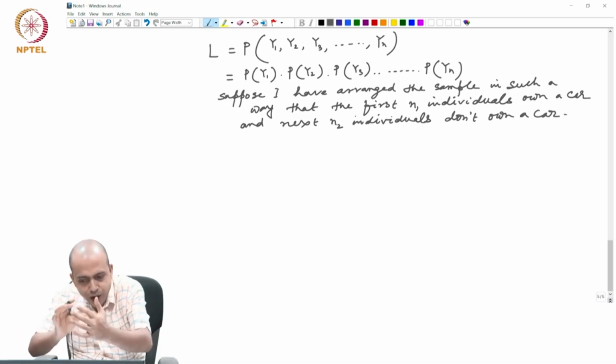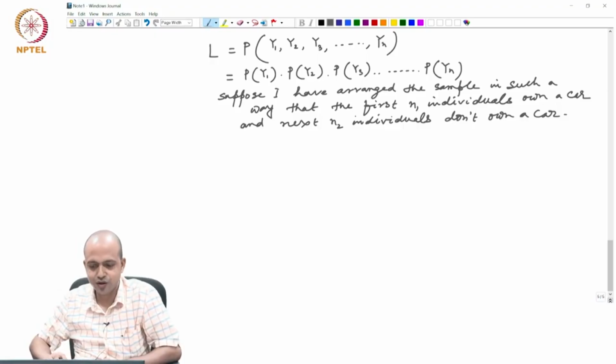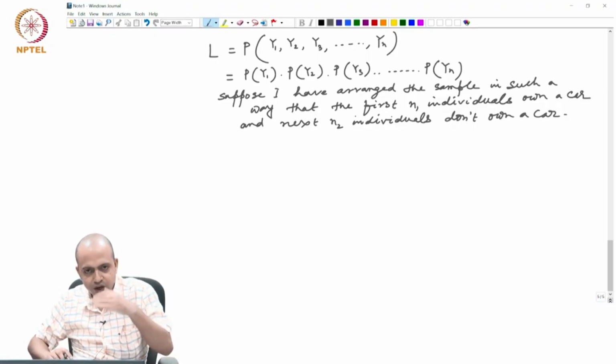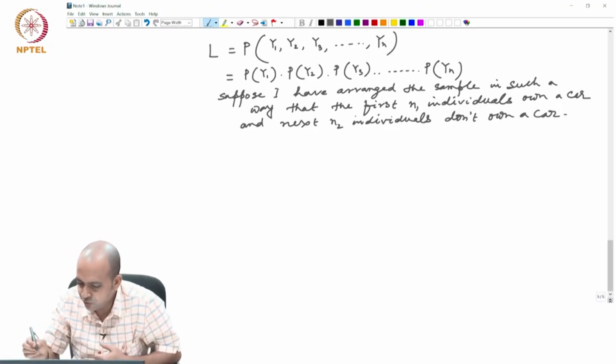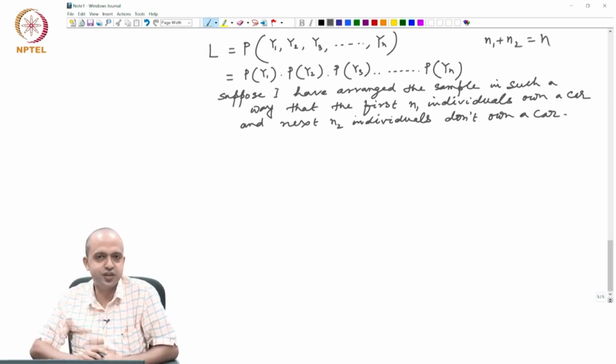Okay, that is how I have arranged it, where n1 plus n2 equals n, which is the total sample size.